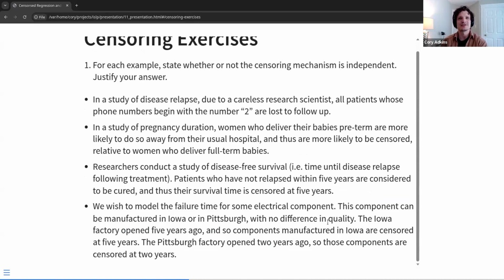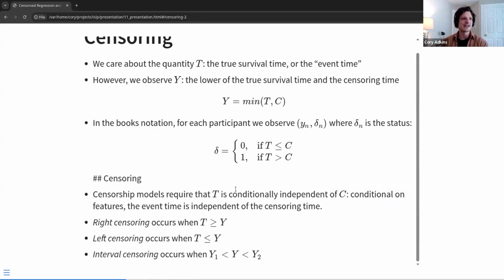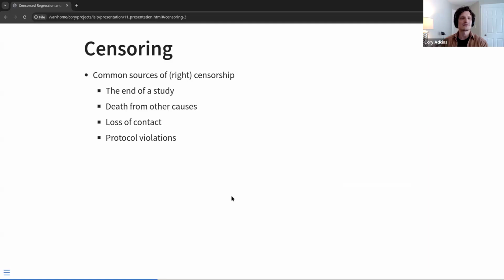An important assumption of these models when you use this strategy is that your censoring mechanism is independent. I thought I had that on the slide. I guess not. Oh, no, I do. Yeah, the censoring is conditionally independent of the time of event. So they don't get into ways that you could control for that.